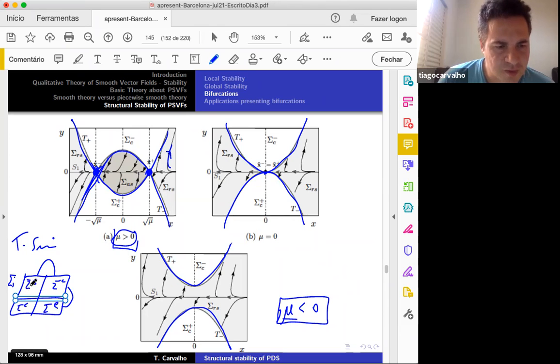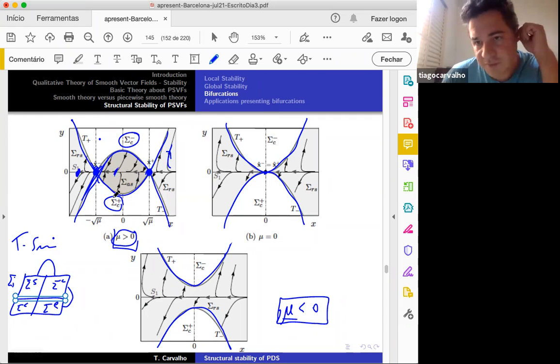Since we have here a T singularity, we have a configuration like this: here we have a crossing region, at this side an escaping region, and at this side a sliding region.